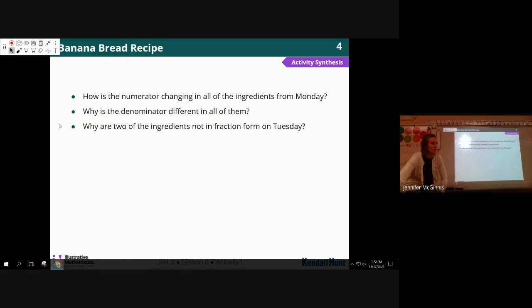Bananas have to be whole, and the eggs have to be whole. When you multiply a whole number times a whole number, you get a whole number. If you multiply a whole number times a whole number, are you going to get a fraction? No, you're going to get a whole number. And for those reasons, there are two ingredients not in fraction form.